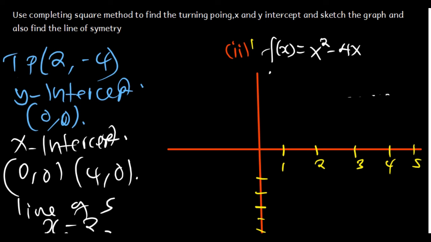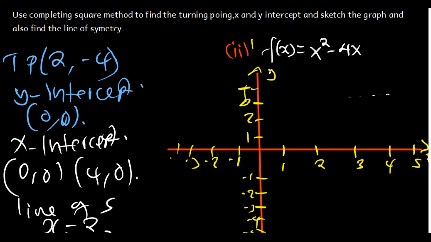Okay, so -1, -2, -3, -4, -5. So here I'm going to have 1, 2, 3, 4. This is the y-axis, this is the x-axis. I'm going to have -1, -2, -3, -4.